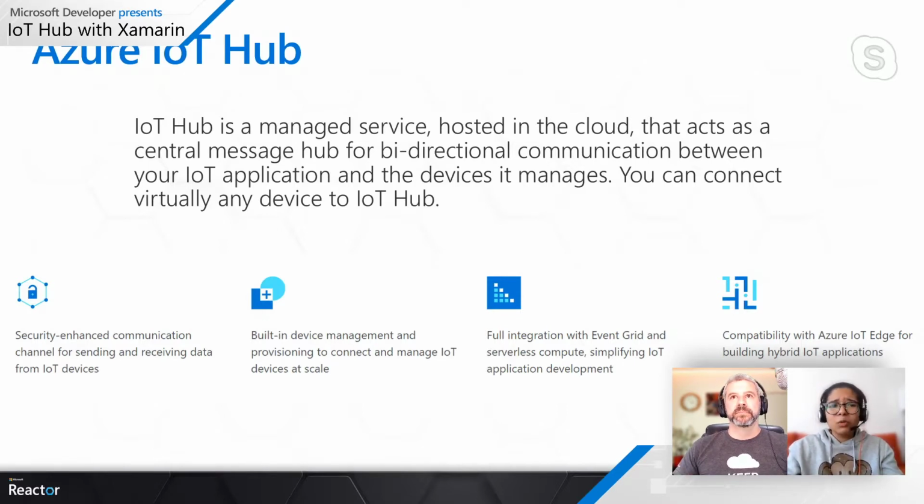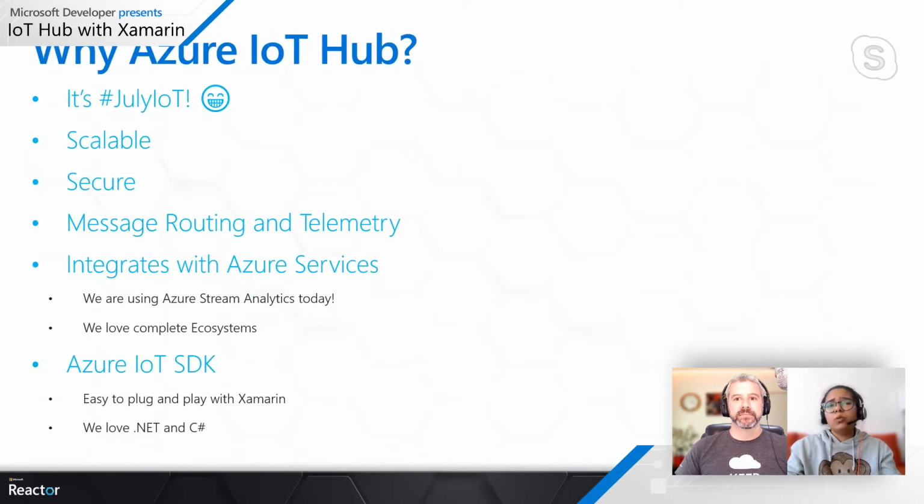So the question comes up though, why would we want to use Azure IoT Hub? Because we could have easily created the flow we're working with today using, say, an Azure function, an Azure table, and maybe an Azure app service, and hosted a website to do it. So what exactly is the advantage of doing it with IoT Hub? First off, it is July IoT, so why not use IoT Hub?